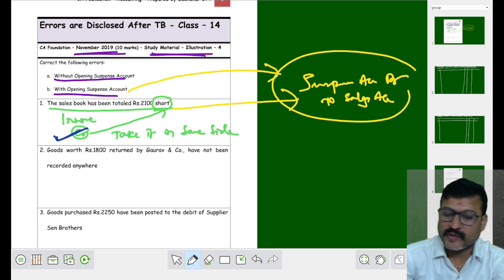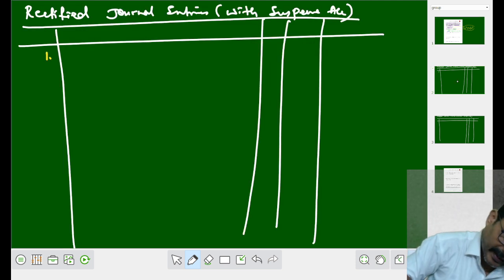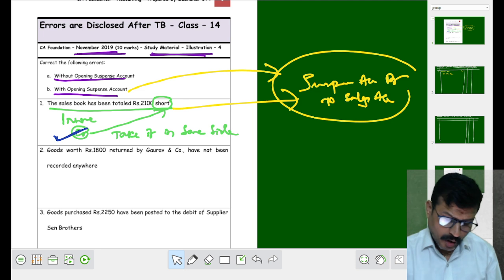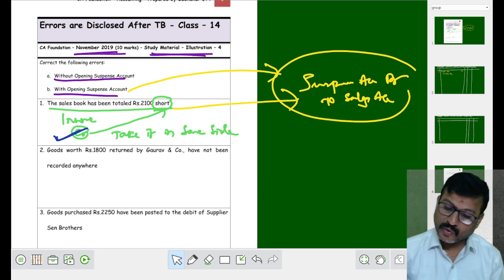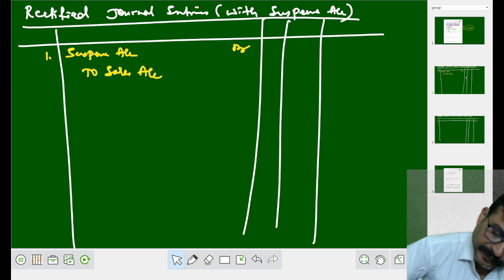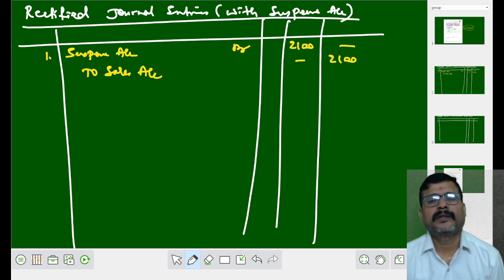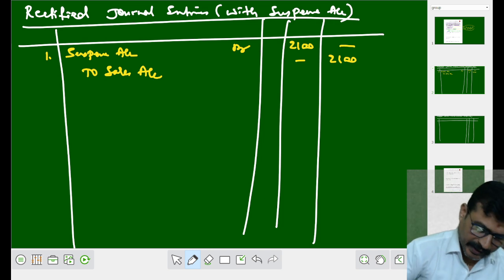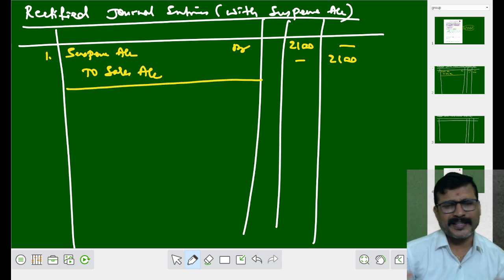Let us write the first entry, that is suspense account debit to sales account. How much amount? 2100. Being under credit in sales account is rectified. Short in sales account is rectified. This is your with opening suspense account.